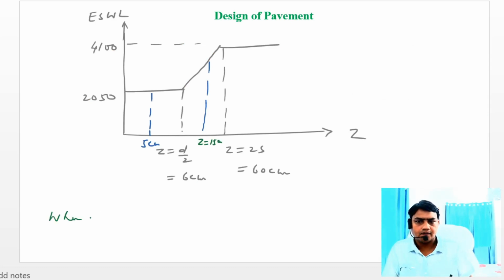When Z is equal to 5 centimeter, the equivalent single wheel load is equal to the load P, that is 2050 kg.